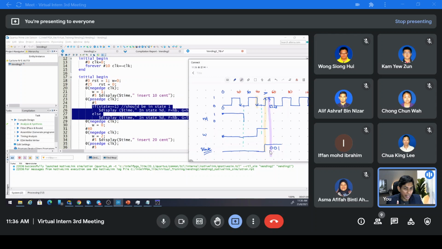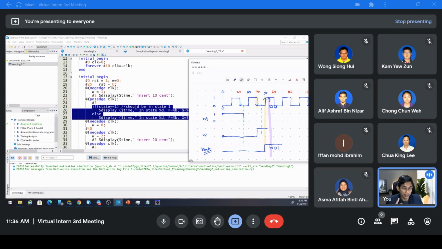So we need to check later. How much later depends on your design also. To be safe in this case, I check after a 5 nanosecond delay, somewhere here at 55 nanoseconds, I check whether the output is 001 or not.